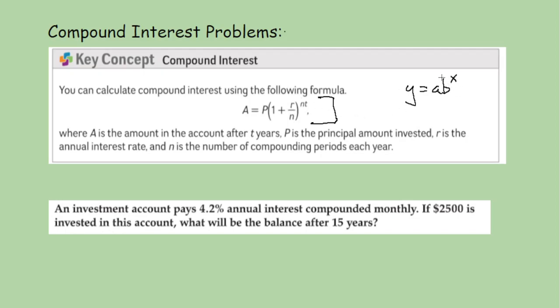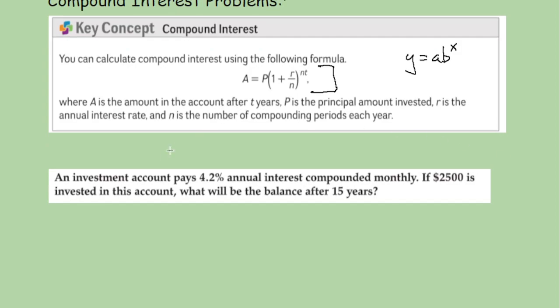Except this time it's sort of like our exponential decay and growth ones, where you've got r, but r is now going over this n thing. So the rate's over the number of compounding periods per year, and your t, which is your x, is multiplied by the number of compounding periods per year, right? So we're just going to use this formula. We're going to plug and chug. We're going to put stuff in, and we're going to see what happens as a result, all right?